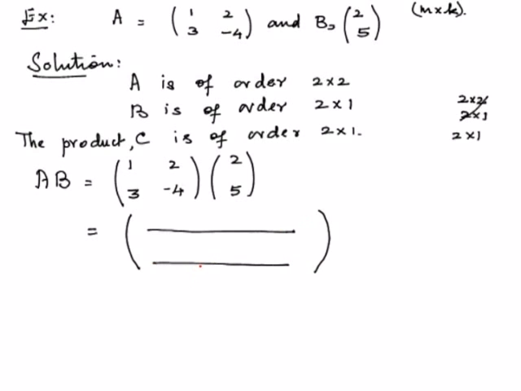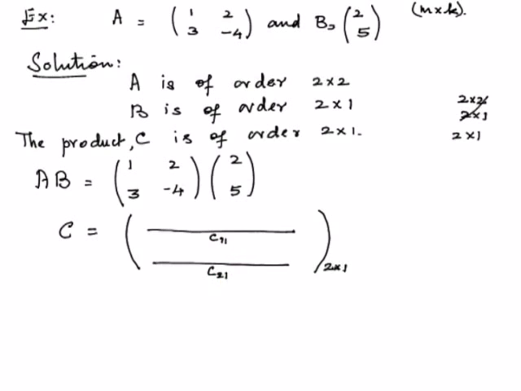We have called it C. So, C has 2 elements and is of order 2 by 1. If I have to represent it, it will be C11 here and C21 as the second element.